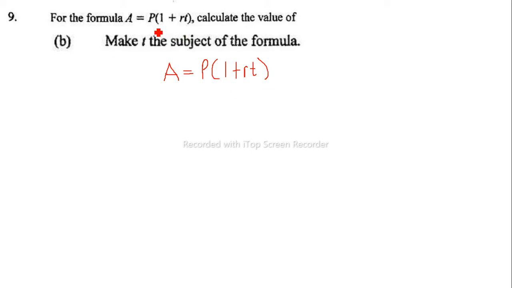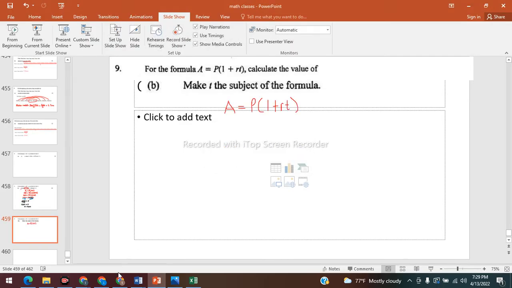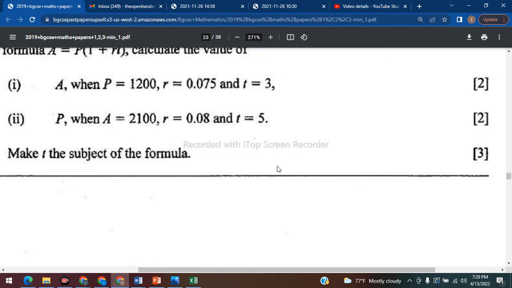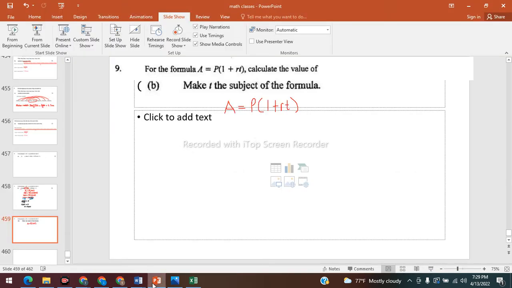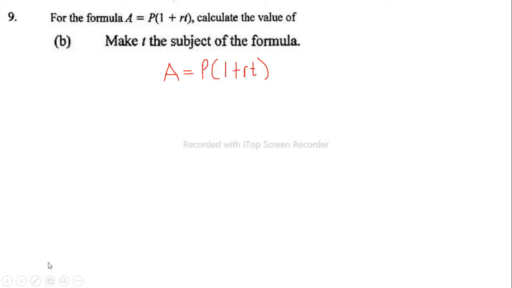So yeah, we need to make T the subject. Let me see how many points it should be. 3 points. If it isn't 3 points, they did it wrong. Because you have to apply the distributive property here. The idea is that we need to loosen this T. T is contained inside this bracket, so we need to get rid of the brackets.